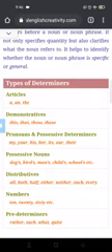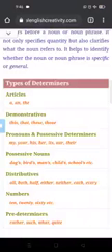Intensifiers are predeterminers, and they express surprise, pleasure, disappointment and other emotions of people. Okay, so they are intensifiers, one kind of predeterminer.